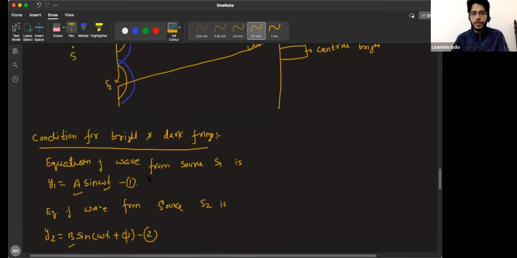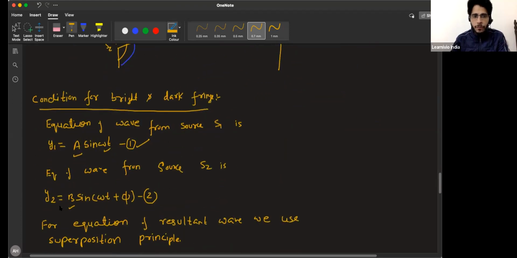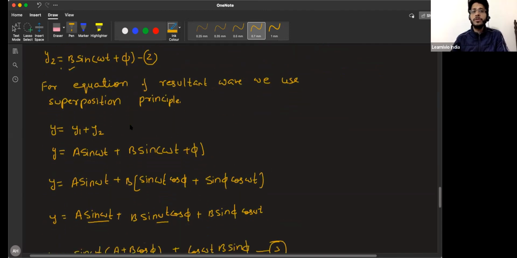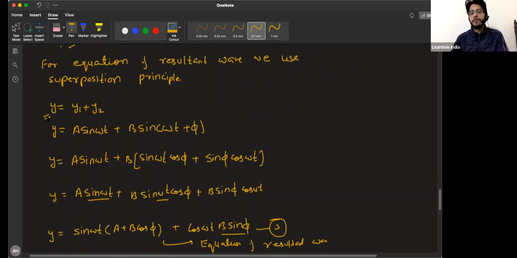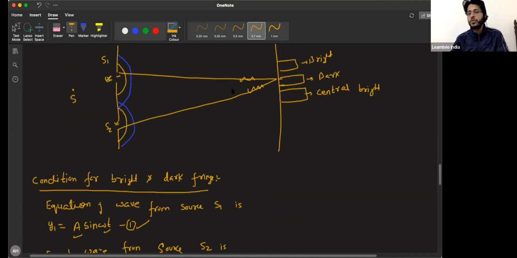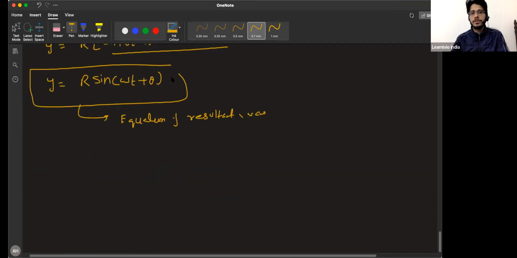This is the wave coming from source S1. This is the wave coming from source S2. When these two waves combine, you get this resultant wave. And this is the equation of that resultant wave, r sine omega t plus phi.